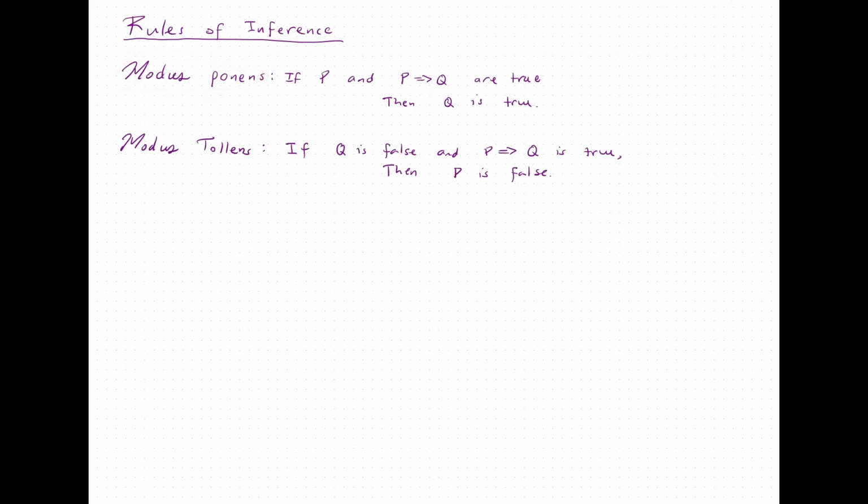And similarly, if Q is false and P implies Q is true, so now we have false here, then the only way that this is true is if P is false. And so that's modus tollens. And what we are going to do now is use these rules of inference to deduce the following statement.